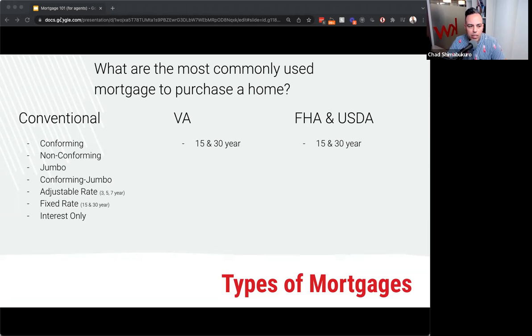There's some nuance on FHA loans. FHA does have a rehab loan, and last I checked, I think you can borrow up to $100,000 or 25% above the purchase price as an extra amount of money to rehab a home.